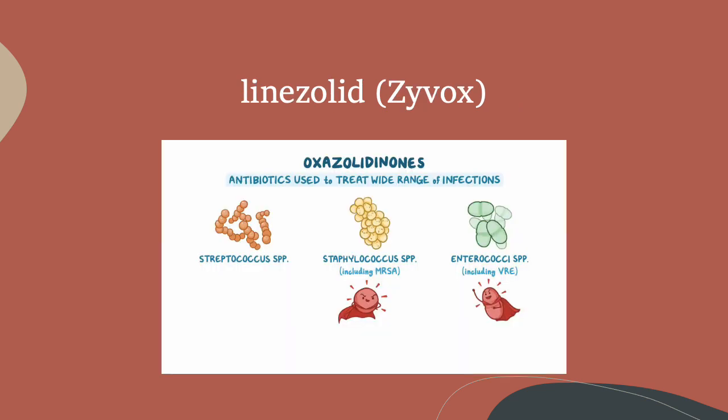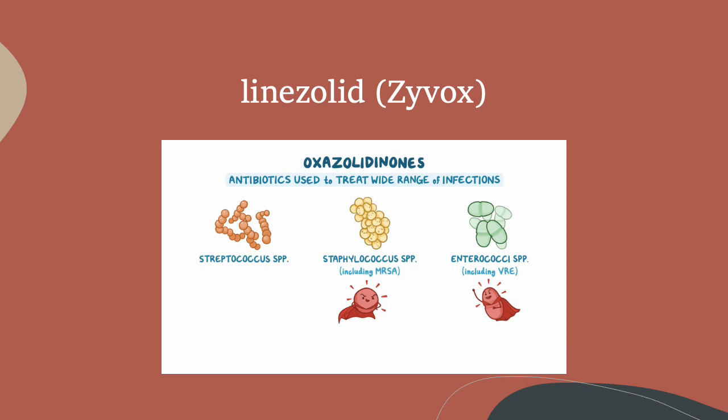Our next drug, linezolid or Zyvox, this is a part of the oxazolidinones. These inhibit protein synthesis on the 50S ribosomal bacteria subunit to prevent reproduction of bacteria. It's used to manage healthcare and community-associated pneumonia, complicated skin infections, MRSA, gram-positive infections in infants and children.